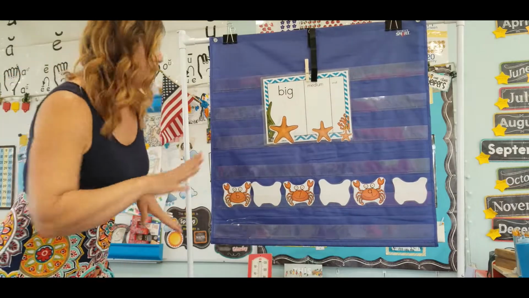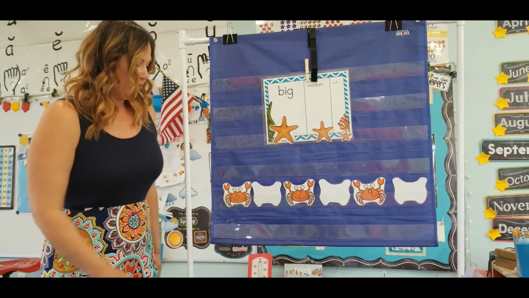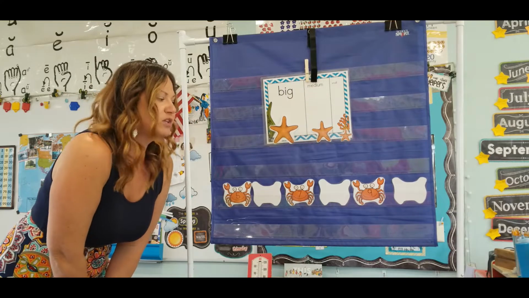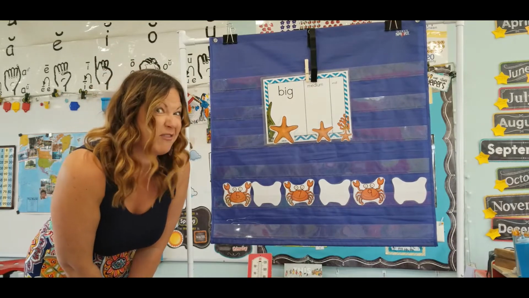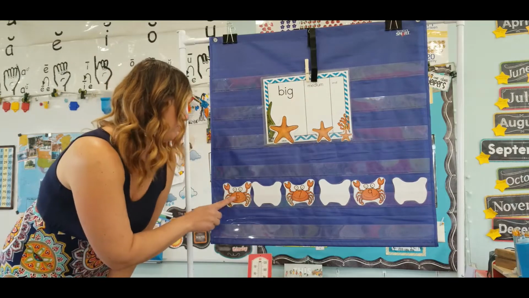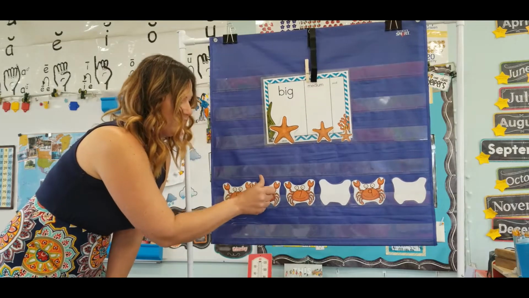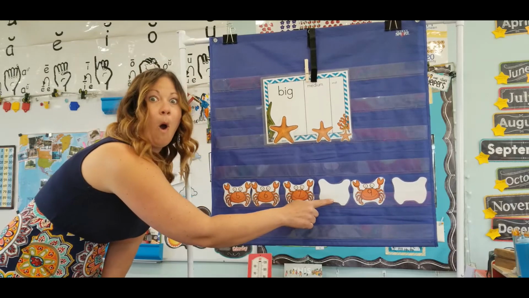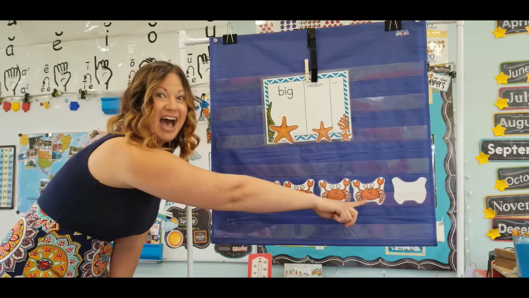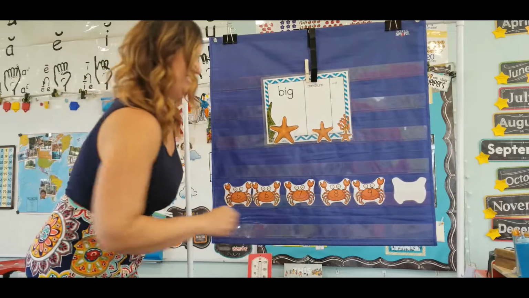Okay, now we've got some missing numbers on the crabs. So it's starting with 5, so we're gonna have to count up. Let's go at the very beginning and see if that helps us find what comes after 5. 1, 2, 3, 4, 5, yeah, 6, 7, 8, 9, and what comes after 9? 10.